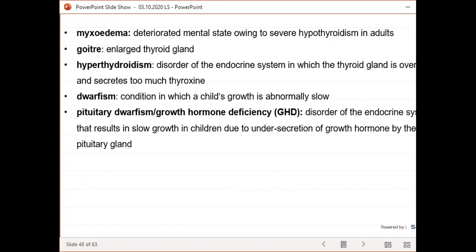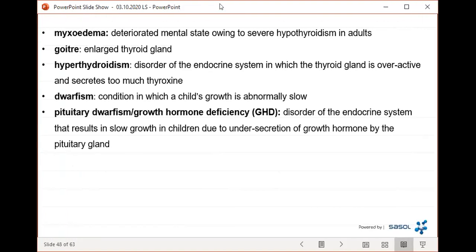Then myxedema, that's a deteriorated mental state owing to severe hypothyroidism in adults. Goiter is an enlarged thyroid gland, which is caused by iodine deficiency. Then we have hyperthyroidism, which is a disorder of the endocrine system in which the thyroid gland is overactive and secretes too much thyroxine.